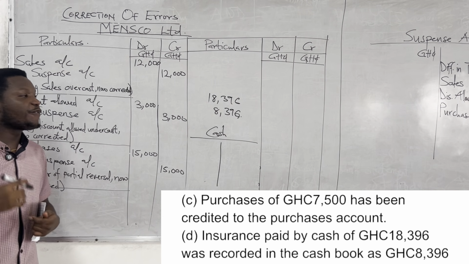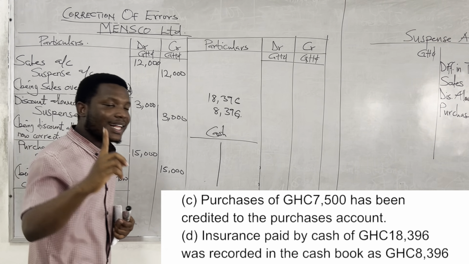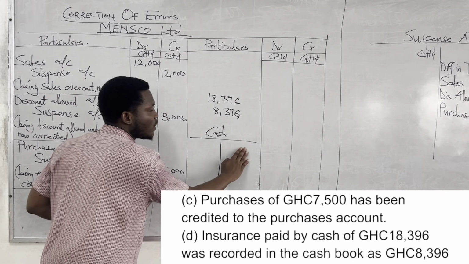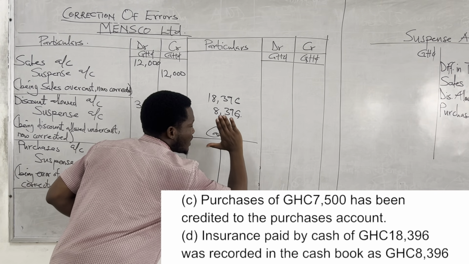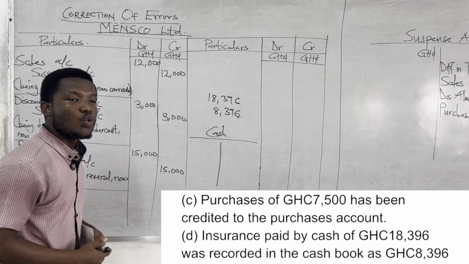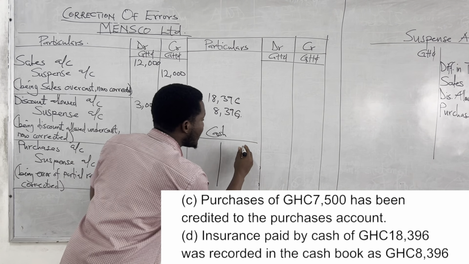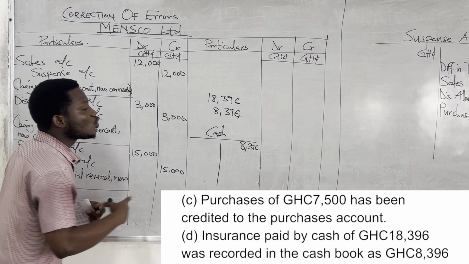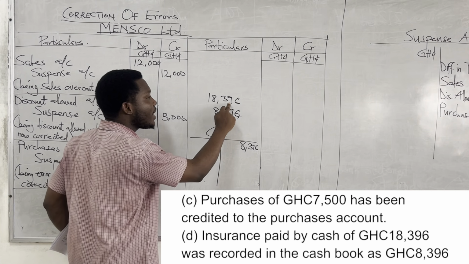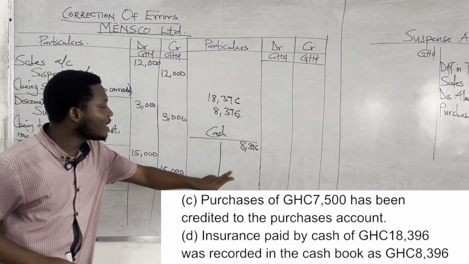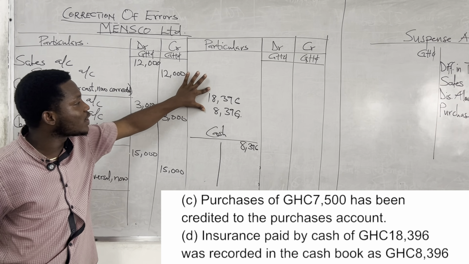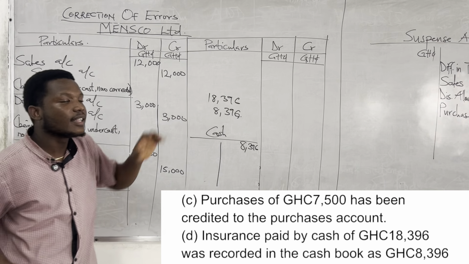So how are you going to correct this error? The first thing that you are supposed to do, remember cash always have a credit, sorry, when you are making payments, cash have a credit balance. This is the payment side. So you calculate. We recorded this 8,396, and it's supposed to be 18,396. So you subtract this 8,396 from the original figure, 18,396.